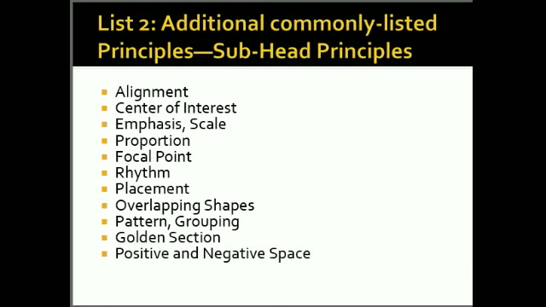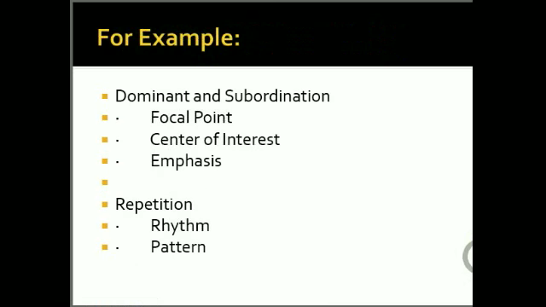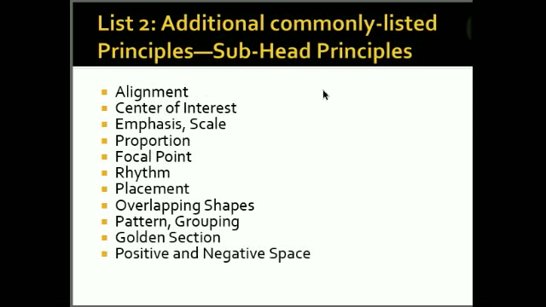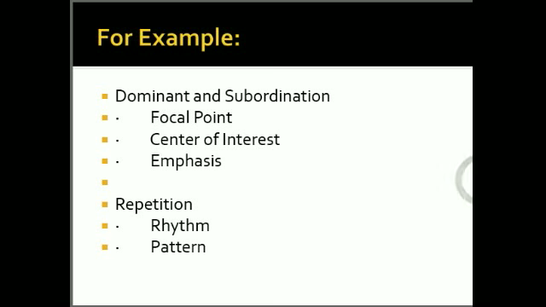Okay. Then you're going for the subhead principles, alignment, center of interest, etc., etc. Going down through all these different things, and where it would fall under. You see what I mean? So these are subhead principles. So you've got the main principles and where these ones would most pertain to. Okay. So for example, you've got dominant and subordination.